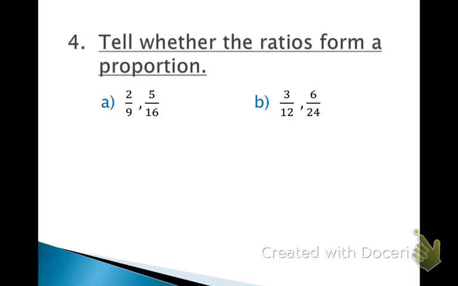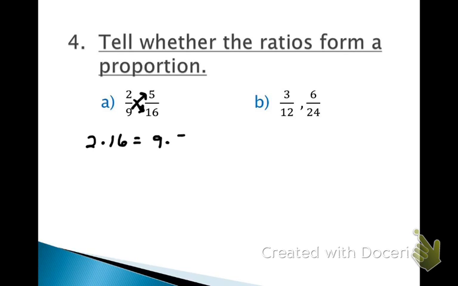Number 4 asks us, tell whether the ratios form a proportion. So for all the other kinds of problems that we've had so far, it says something like 2/9 equals 5/16. Right now I am trying to find out, do they actually equal each other, yes or no? The way that we're going to do that is by doing cross products or cross multiplication. So the 2 is going to be multiplied by what number? 16. So 2 times 16 equals 9 times 5.